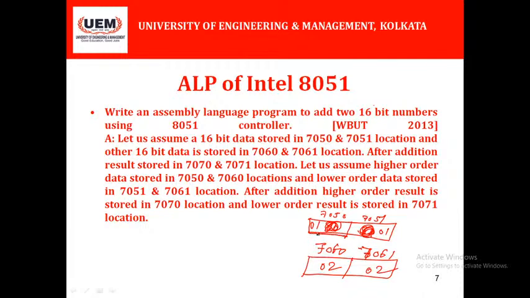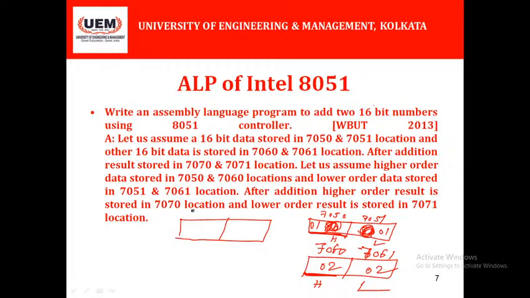This is higher order, this is also higher order, and this is lower order, this is lower order. As simple as that. The lower order data is stored in 7051 and 7061. After that, the higher order result will be stored at 7070, and the lower order at 7071.